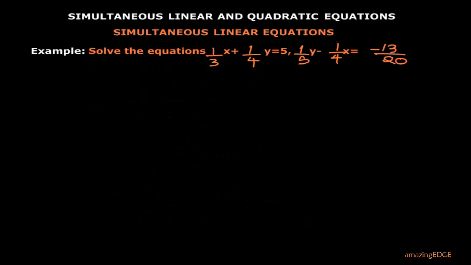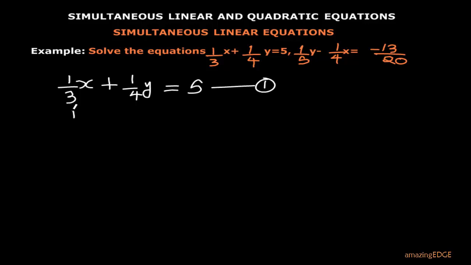So actually, we are to solve these equations. We have them in fractions. We have 1/3 x + 1/4 y = 5. Maybe we regard this as equation 1. Then the other one started with 1/5 y, but instead of writing 1/5 y first, we want x and x to be aligned, y and y to be aligned.